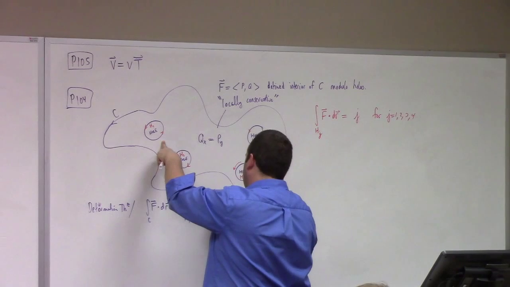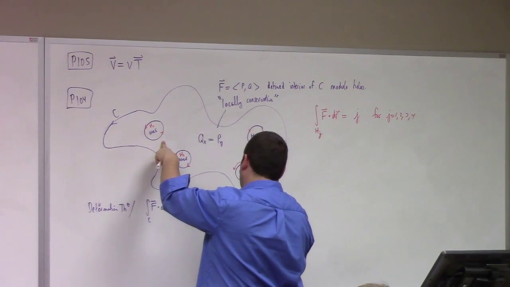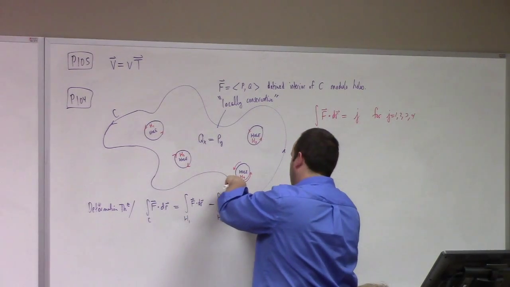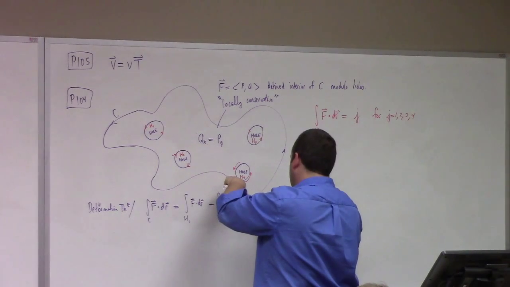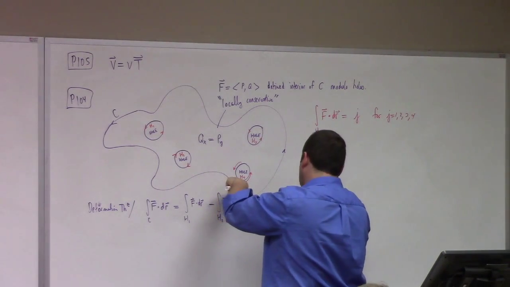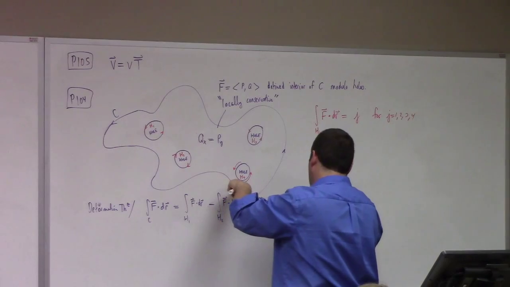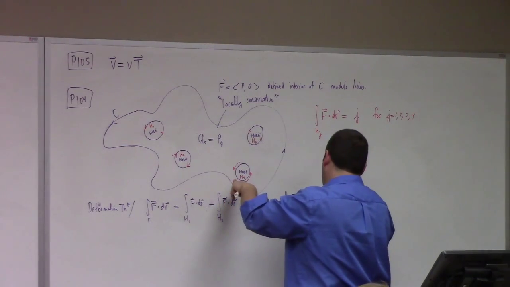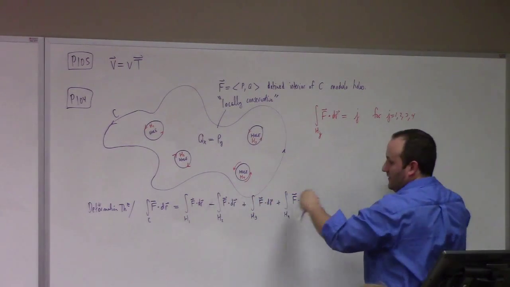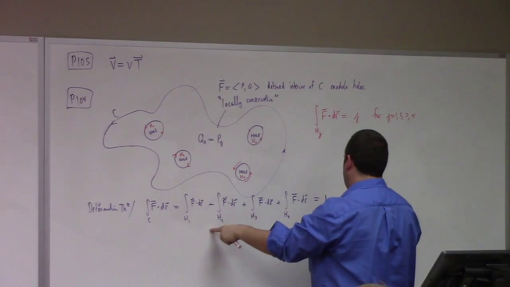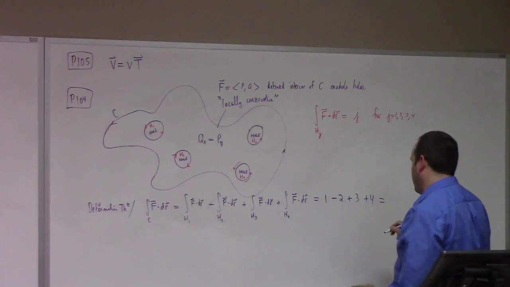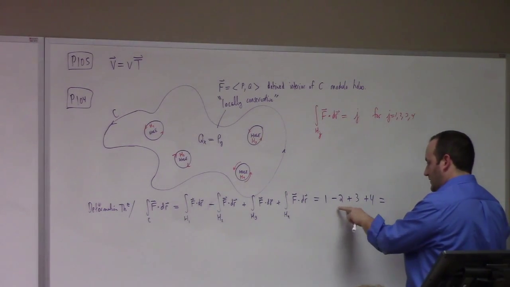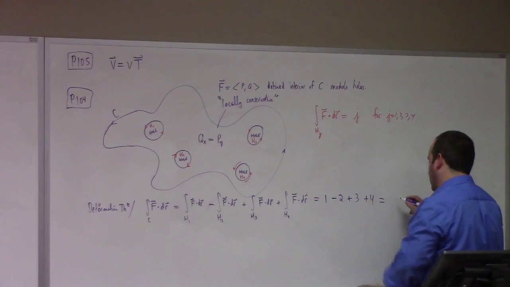But I have to subtract the second one because it's the opposite orientation. The third and the fourth are also counterclockwise, as I set it up. So because these are equal to 1 minus 2 plus 3 plus 4, the integral around the outer loop would just be 6, I guess, right?